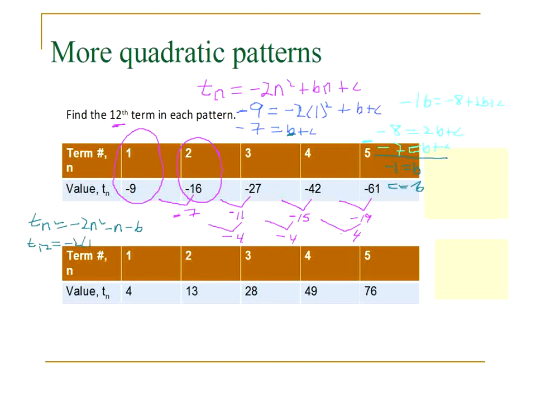So negative 2 times 12 squared minus 12 minus 6. 12 squared is 144 times negative 2 is negative 288. Minus 12 minus 6 gives me negative 306. This one, the second question here, same idea, and you should test yourself to see if you can get the value of 433.